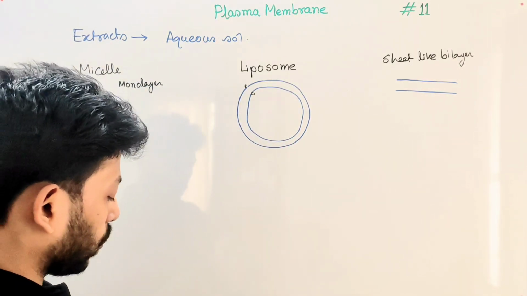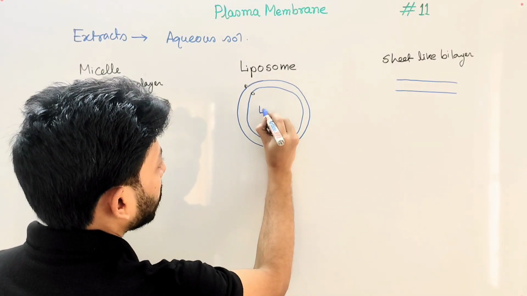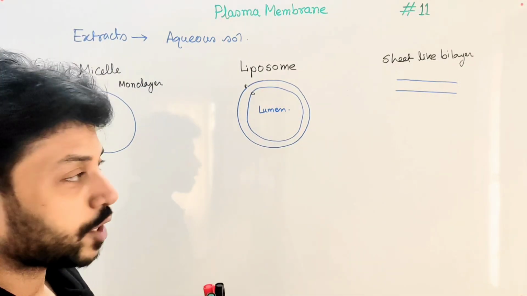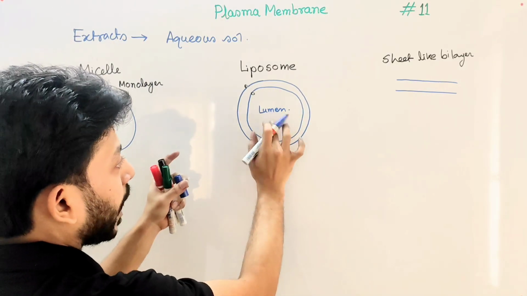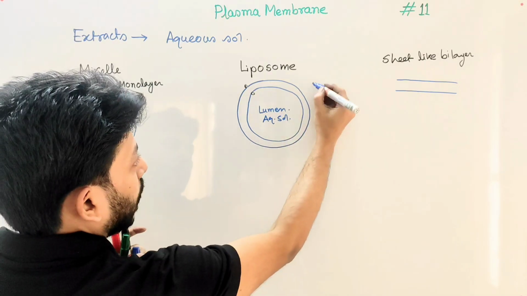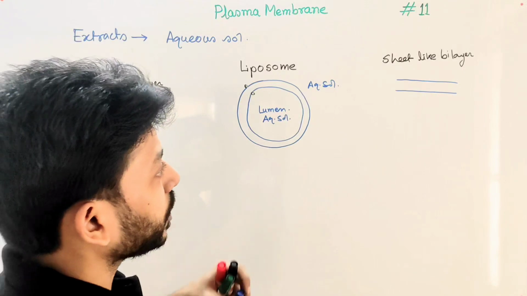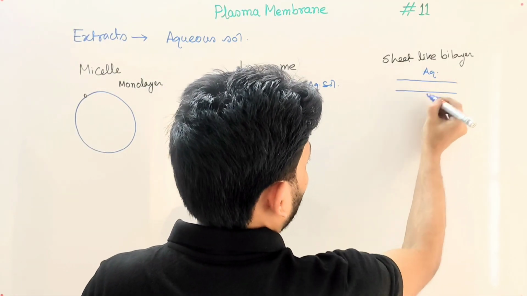And in case of liposomes, the inner side is called the lumen, and it is the aqueous solution of the liposome. So liposomes surround the aqueous solution. So here aqueous solution can be present, also the aqueous solution is present on the outside. And in case of sheet-like bilayer, also aqueous solutions are outside.